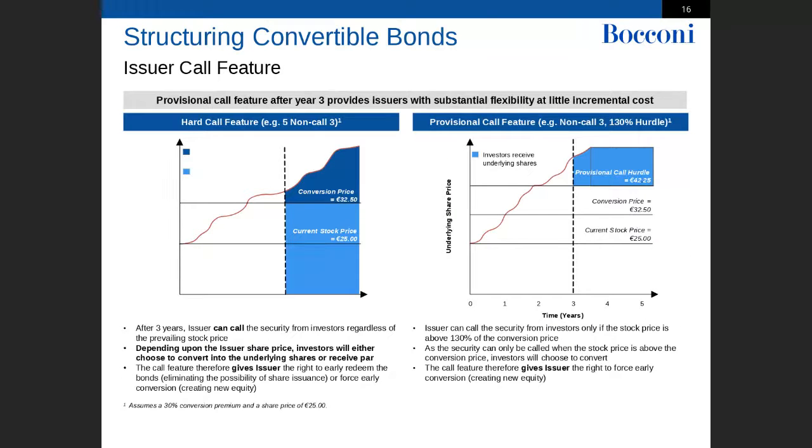You can have an R call or a provisional call, which is the possibility for the issuer to call back the instrument before maturity. So when there is an anomaly in the behavior of the market, so the share price goes up immediately, very high, in a very turbulent way, and basically creates too much value for the investors.